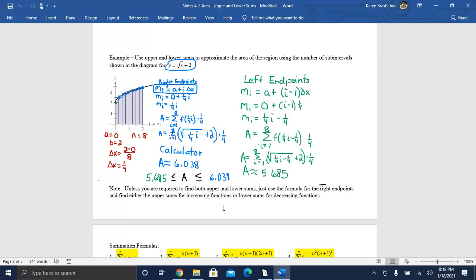So if you're not asked to find both the right and the left, then use the m_i that is found by just doing a plus i times delta x. It's not necessary to do both on all of them unless it says to find both the lower and the upper sum. All right, I will do a separate video for the limit process. So you'll want to be sure that you follow along that when you do those limit problems.